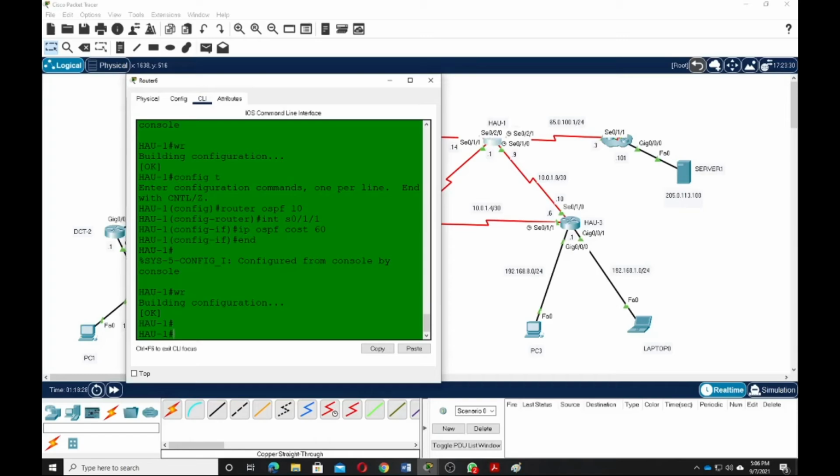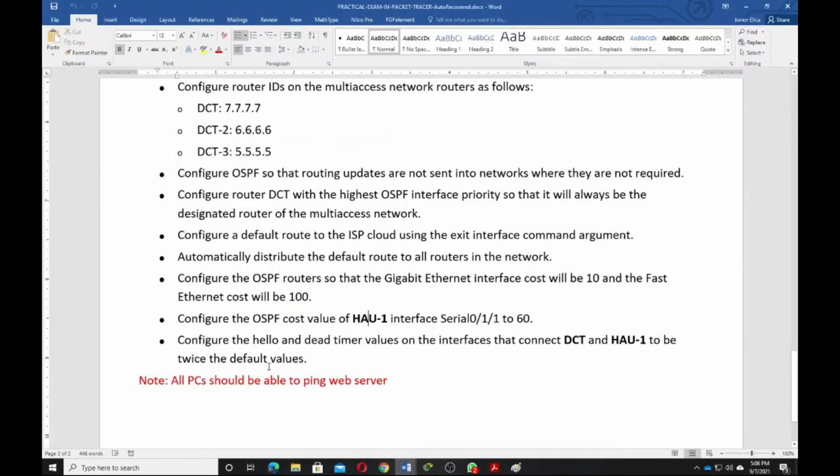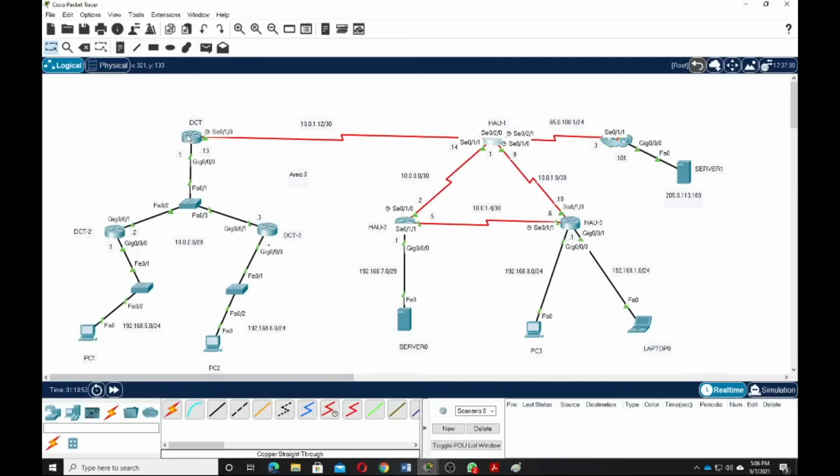And then the last requirement is configure the hello and dead timer values on the interfaces that connect DCT and HAU1 to be twice the default value. So the default value is 10 times 2, that is 20, and then 20 times 4 becomes 80. So let us configure from DCT and HAU1. This one.